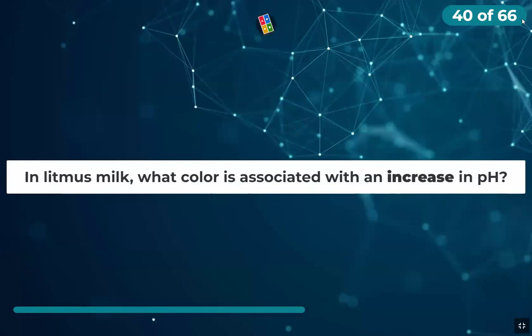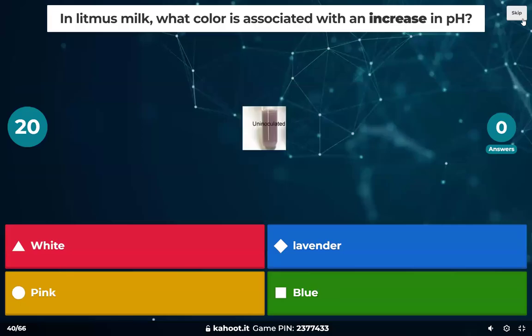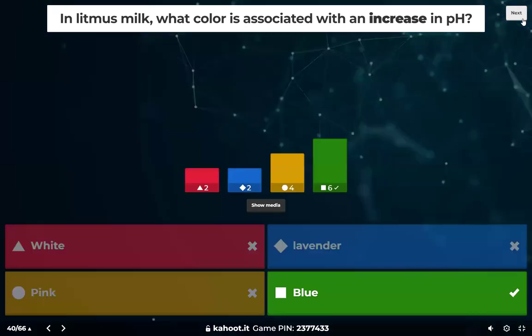In litmus milk, what color is associated with an increase in the pH? All right, so an increase in pH is base or alkaline, and that's going to be associated with the blue color.